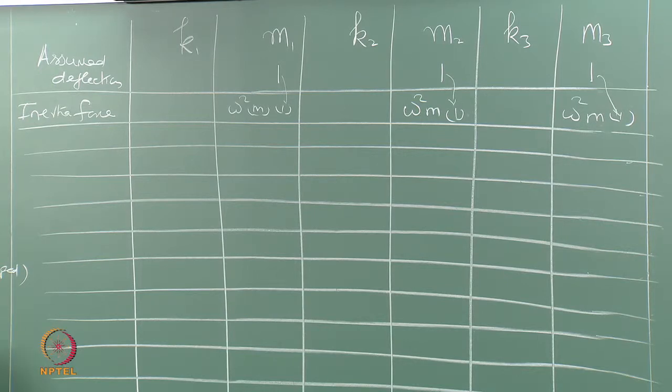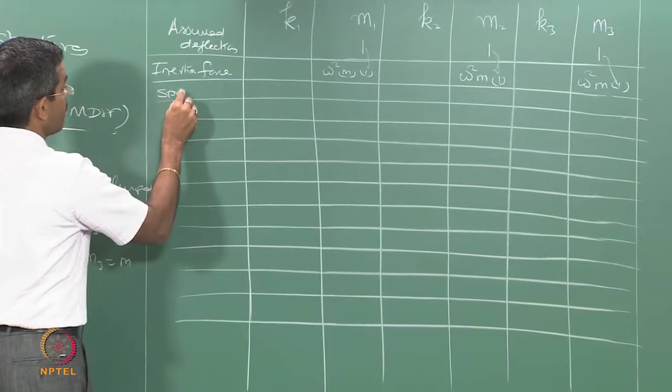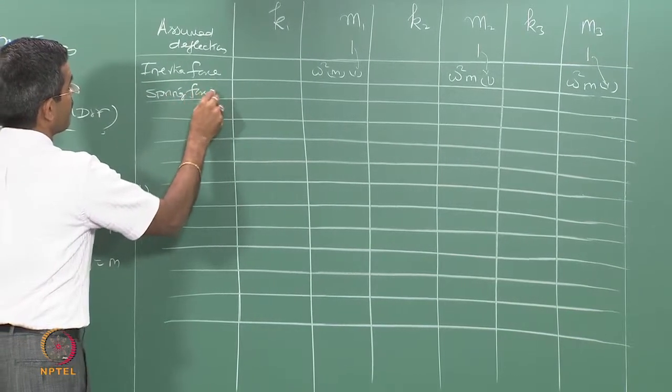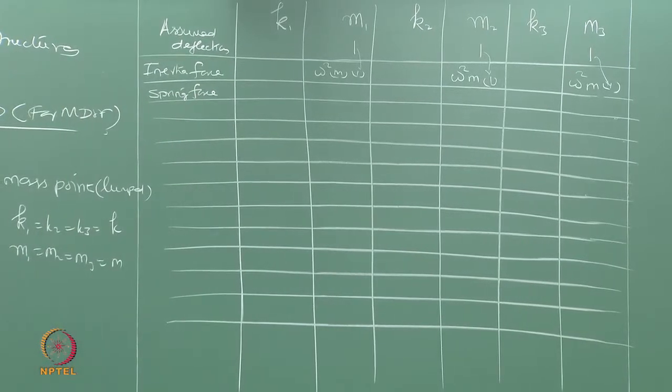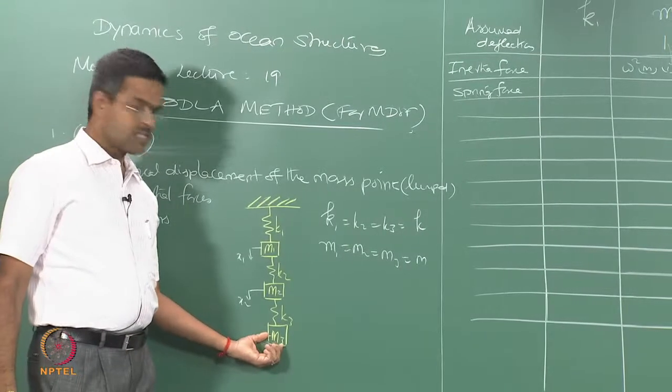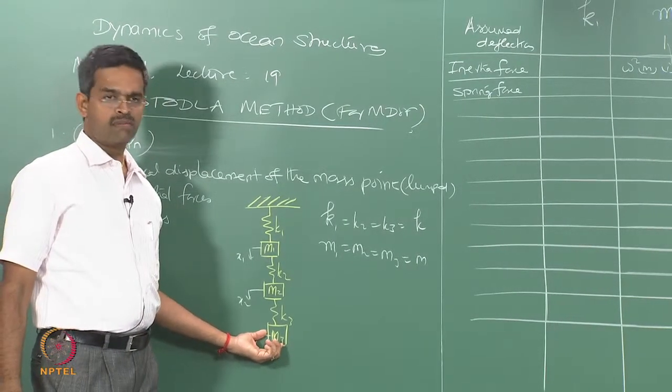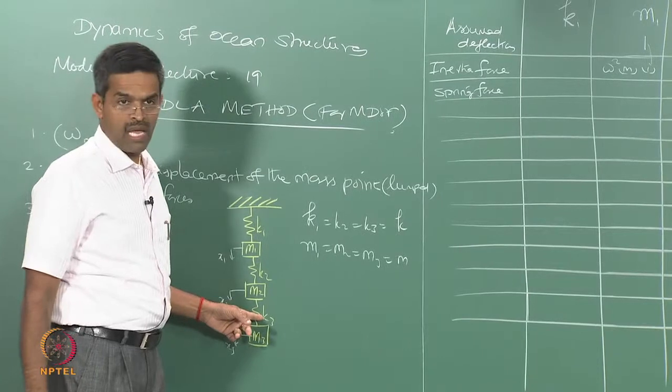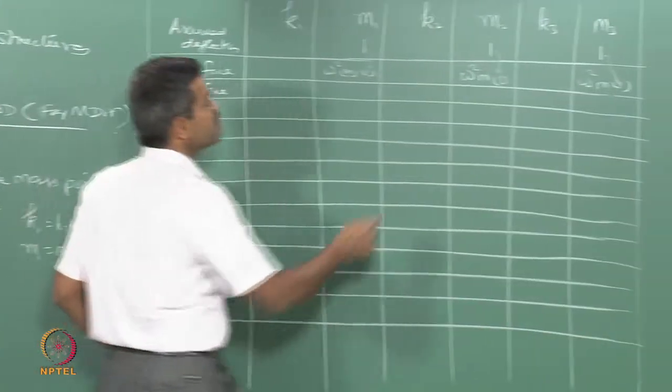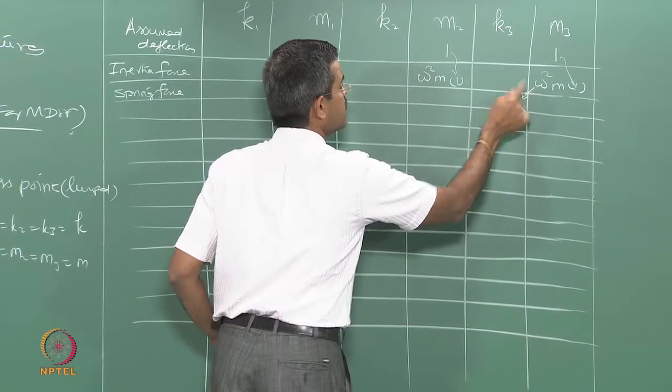Let us try to find the spring force. Mass m3 is the last point which is extended from the system. So let us start from the spring K3 here.